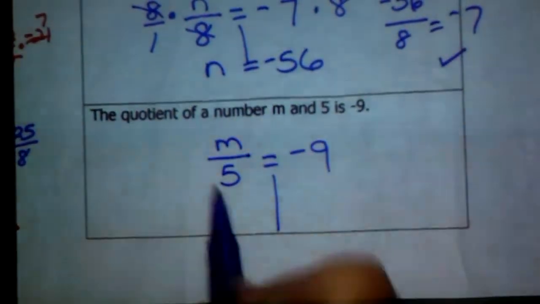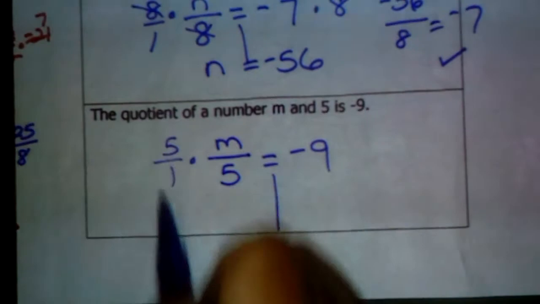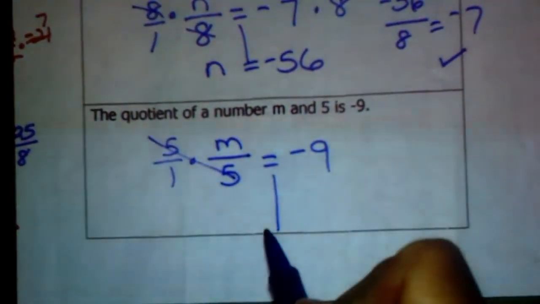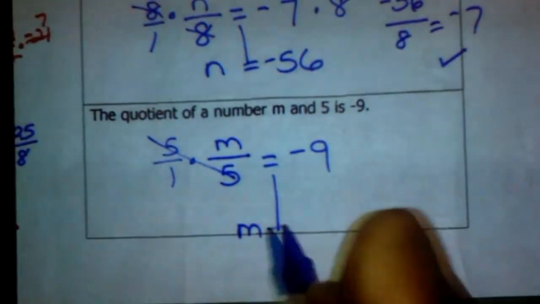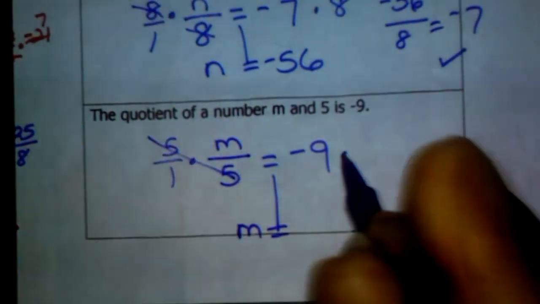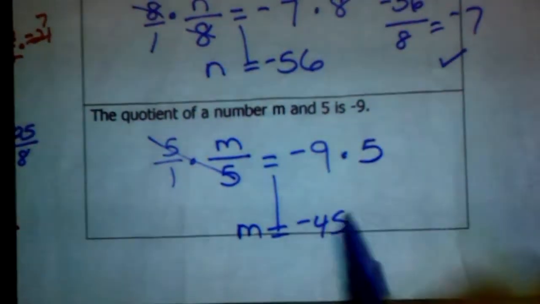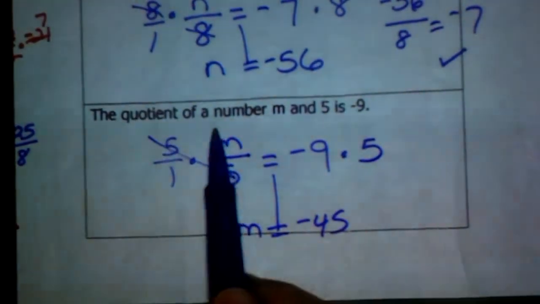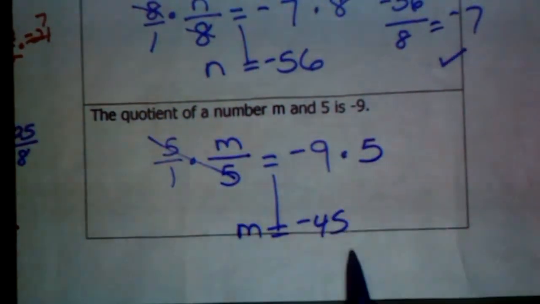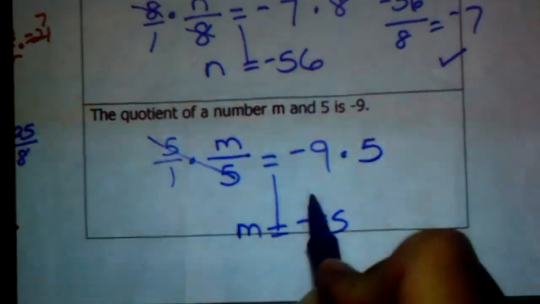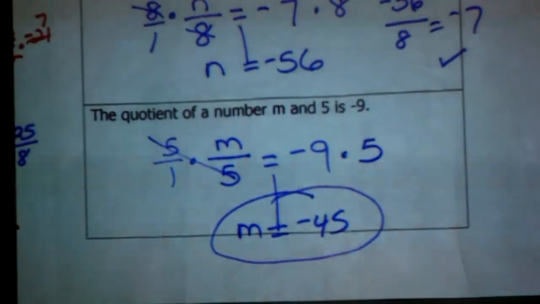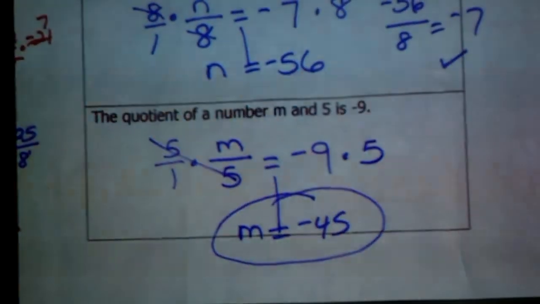Get that m alone by multiplying by 5, or 5 over 1. Those go away. I'm left with m over 1, or just m. And I want to multiply this side by 5. Negative 9 times 5 is negative 45. Is a negative 45 divided by 5 equal to negative 9? Yes, it is. We're right. m equals negative 45. We'll see you tomorrow.